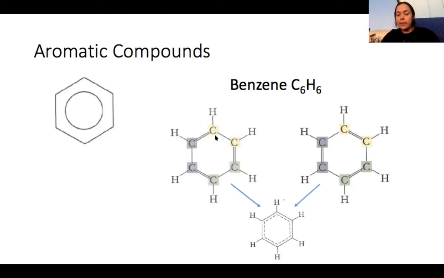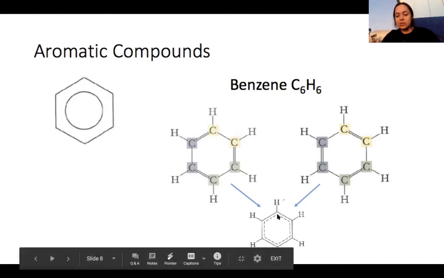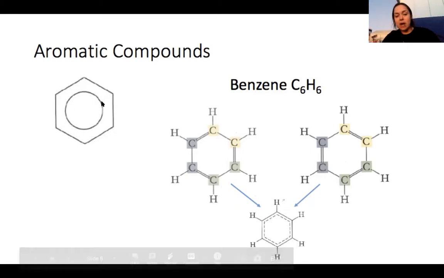And then this can be represented like this, but you could also easily represent it here, where this was once a double bond, now it's a single bond, okay? So they're alternating single and double bonds. So we can take these two structures and represent it like this with this dashed line in the middle, or you've seen it a lot like this on Top Hat where there's just a circle in the middle. So these all represent the same thing, an aromatic compound. They all represent benzene, which has C6H6 for its molecular formula.